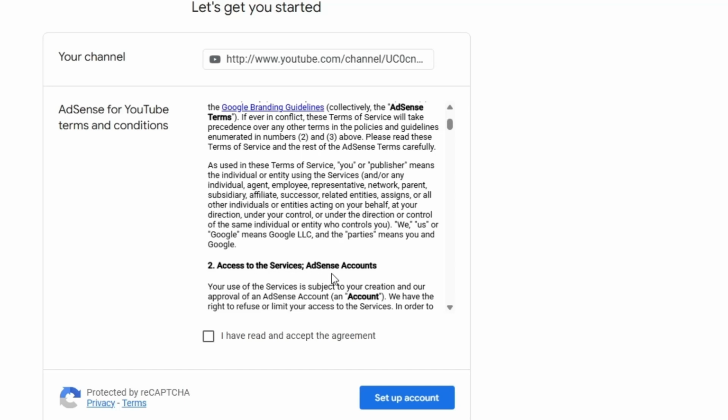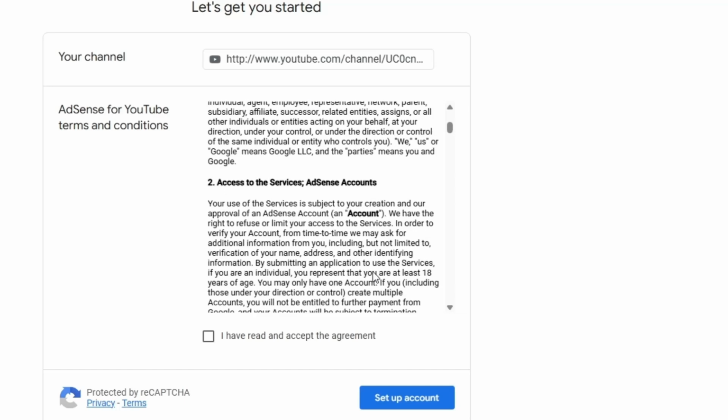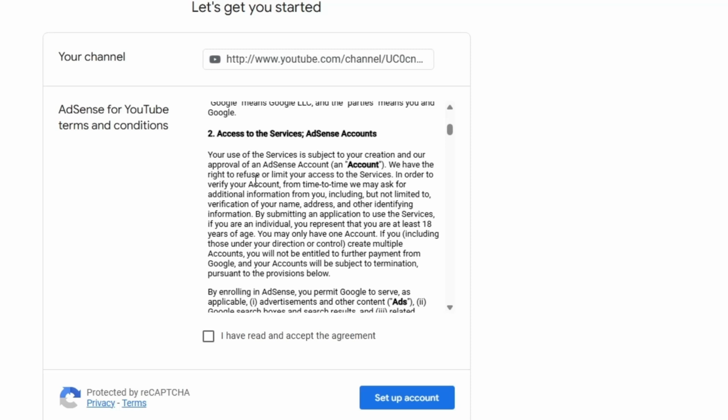2. Access to the services, AdSense accounts. Your use of the services is subject to your creation and our approval of an AdSense account. We have the right to refuse or limit your access to the services. In order to verify your account, from time to time we may ask for additional information from you, including but not limited to verification of your name, address, and other identifying information.